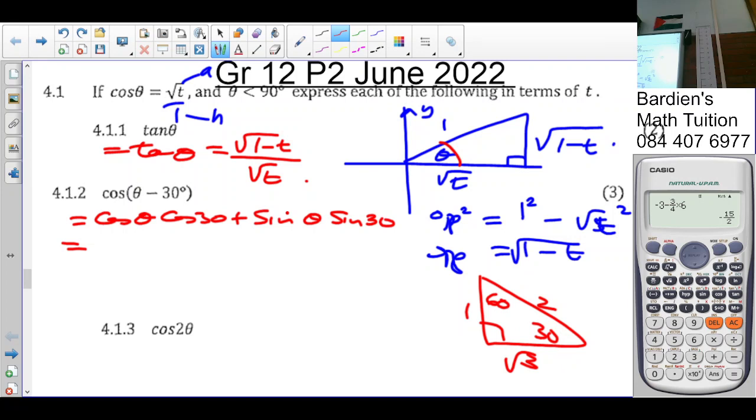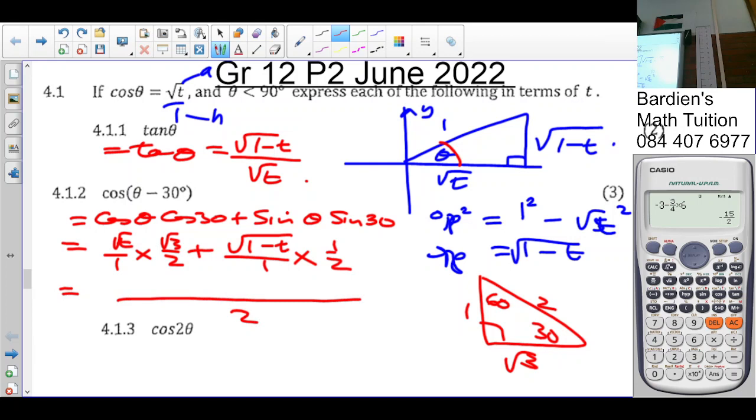So cos of theta is adjacent over hypotenuse, so it's root t over 1 times cos of 30, which is root 3 over 2, plus sine of theta is opposite over hypotenuse times sine of 30. So it has 1 common denominator there. That's going to give you the root of 3t plus the root of 1 minus t. Or you could have written it as root 3 root t plus root 1 minus t, over 2. Which is basically the same thing.